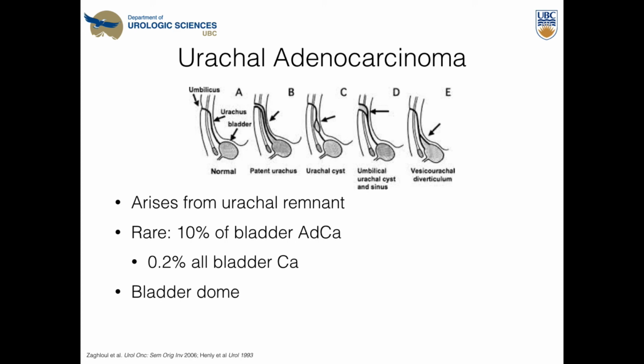Incomplete regression gives rise to one of 4 different anomalies: a patent urachus, a urachal cyst, a diverticulum, or a sinus. These tumors are pretty rare. They only comprise about 10% of all bladder adenocarcinomas and about 2.2% of all bladder cancers. By definition, because they arise from the urachus, you'll see them in the dome. And that's one of the clues that you can be dealing with a urachal adenocarcinoma versus a primary cancer: you have no minor urothelial change, but a single tumor in the dome.